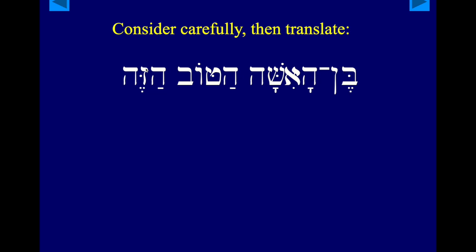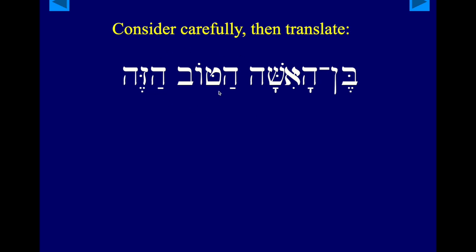Now we can figure this out because in Hebrew, they encode the number and gender, the grammatical gender, with the adjectives and demonstratives. So zeh is a masculine singular demonstrative. Tov is a masculine singular adjective. So does it describe the son or the woman? Well, likely it will describe the son.